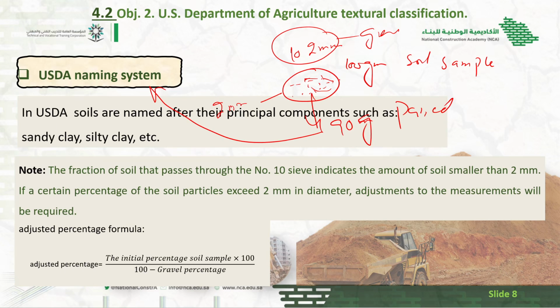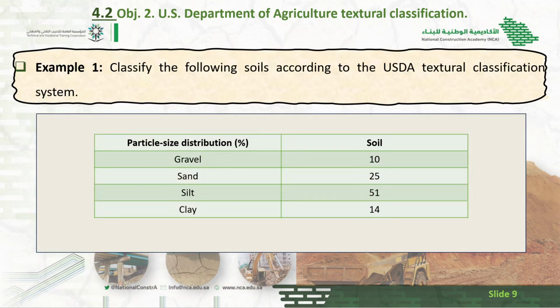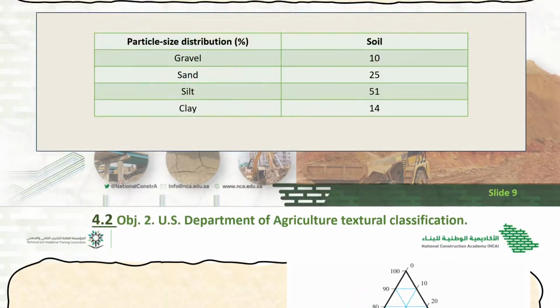If all the soil passes through, it's okay. But if some of the soil is retained and its size is greater than 2 mm, we should subtract the value of gravel, because as per the USDA, it is not a type of soil. We will see this in the upcoming example, so it will be easy for us.